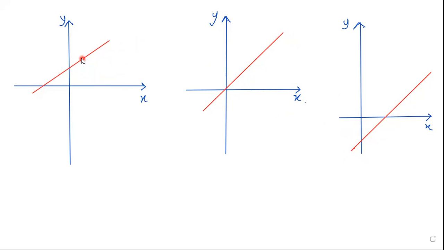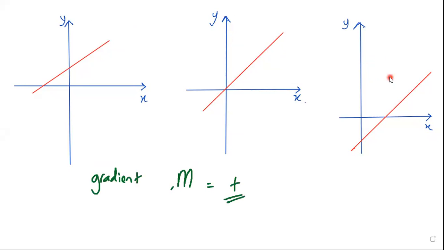So the first is y is linearly proportional to x. Second one, y is directly proportional to x. And the third one, y is linearly proportional to x. Based on these three, all of us should understand that all these graphs show a positive gradient because the line is inclined to the right, condong sengit ke arah kanan.